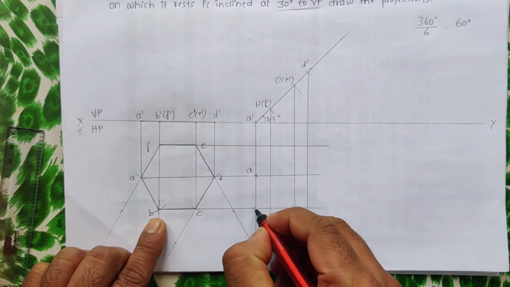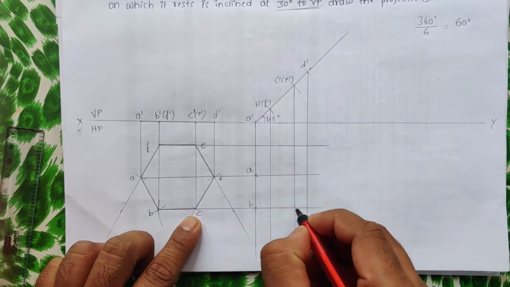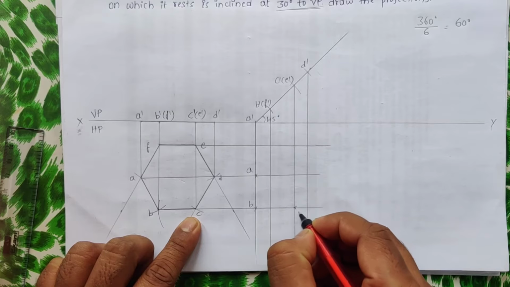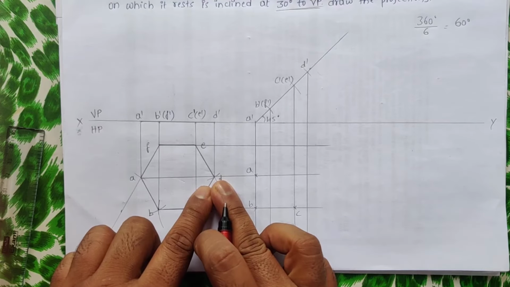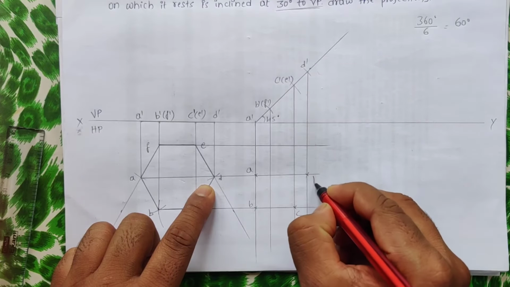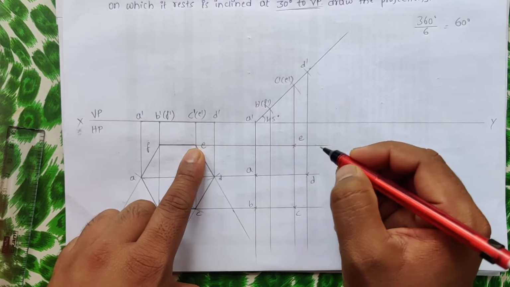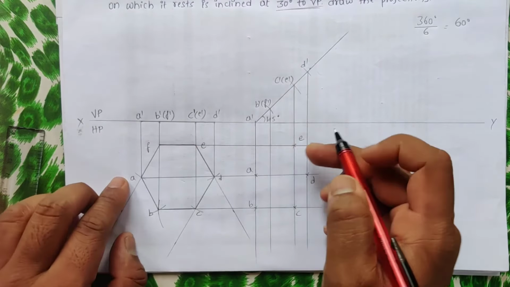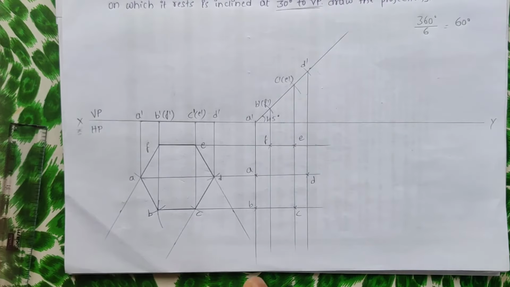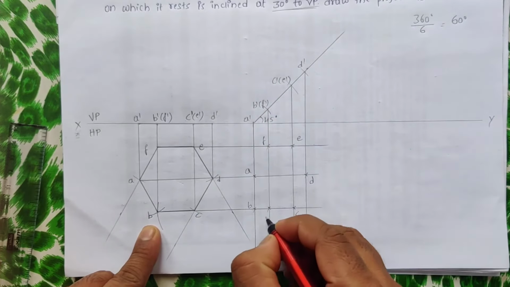B and B are meeting here, so this will be my B. C and C are meeting here, so this will be my C. D and D are meeting here, so this will be my D. E and E are meeting here, so this will be my E. And at last F and F are meeting here, so this will be my F. There is a correction here, so this is not my B, this will be my B, because B and B are meeting here.